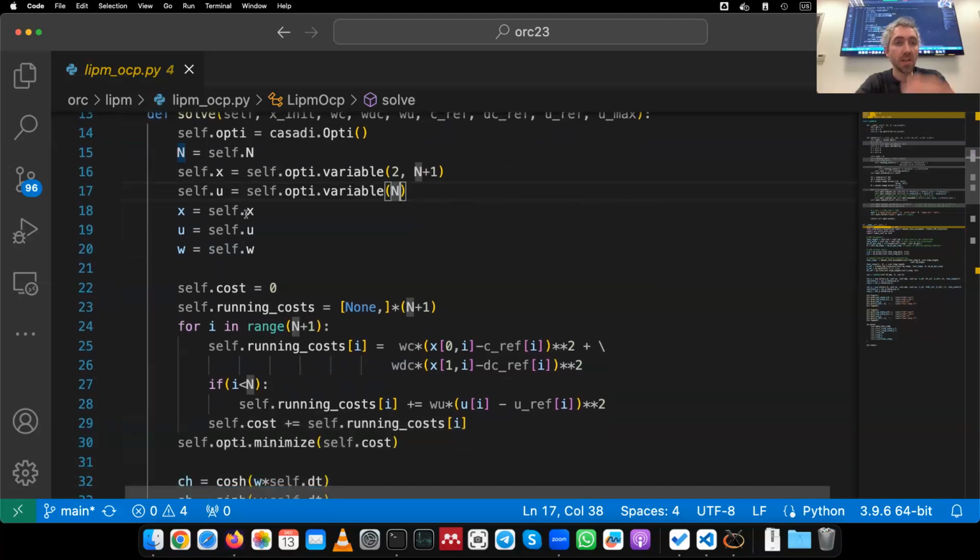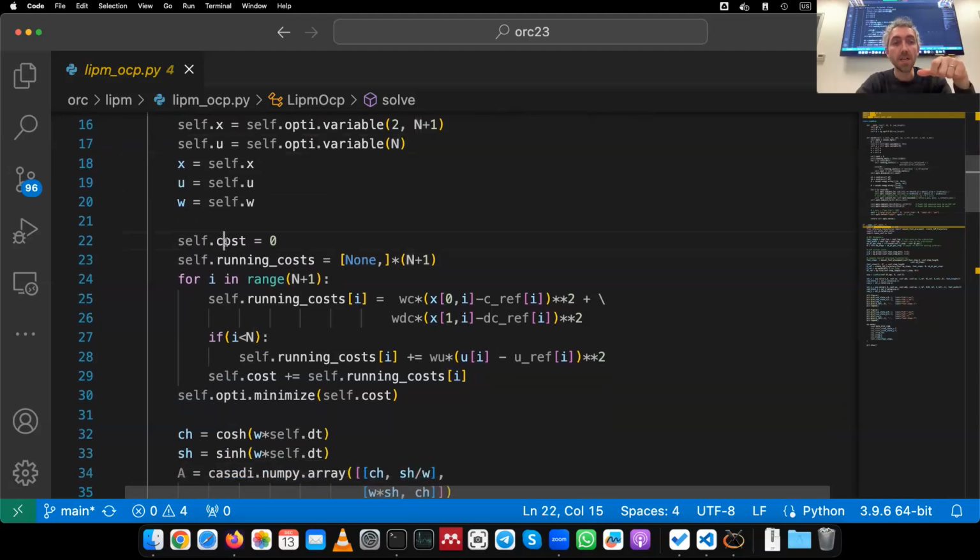Here I'm just renaming self.x, self.u, self.w as x, u, and w, just to have shorter names in the following. Then I'm defining the cost function. The cost is initialized with zeros. And then I'm just summing up the running costs, which are nothing more than the weight. So for instance, WC times the tracking error for the center of mass position and the center of mass velocity.